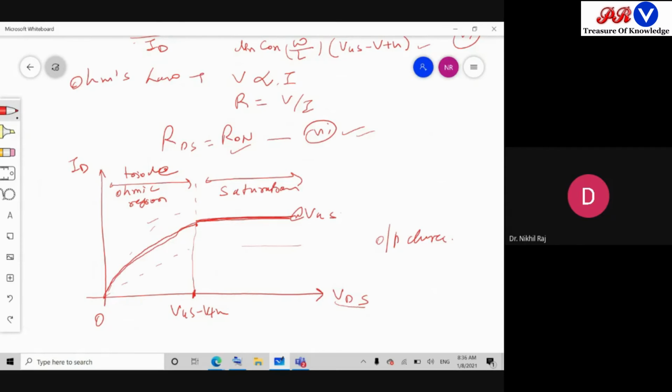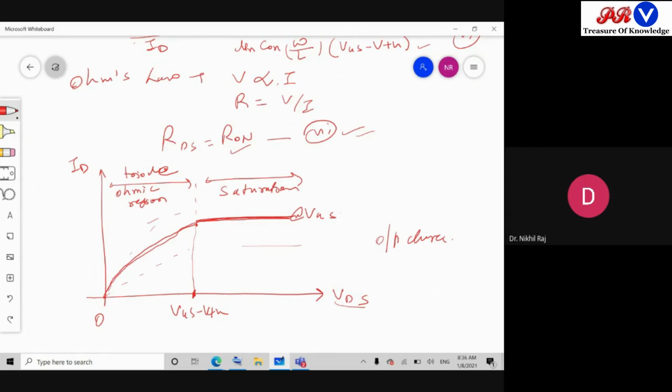Now if you think about digital circuits, we are not bothered about amplification, but we are bothered about switching. Switching means how fast my device turns off, how fast it is switching to logic 1 or logic 0. When the word switching comes, what comes to mind?